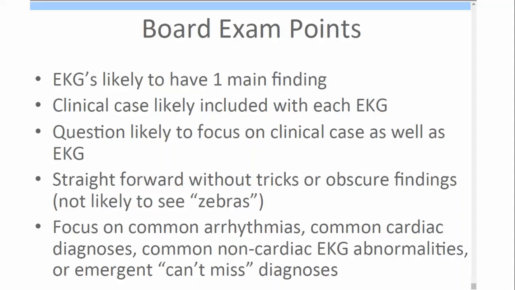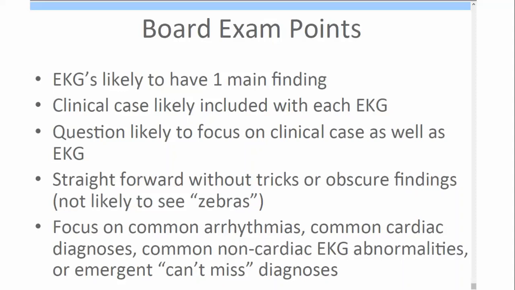Usually on your boards, it's going to be part of the question. The question is likely to focus on the clinical case as well as the EKG, so you'll probably find some hint in there. Maybe ACLS might be more prone to give you just more strips, but in any event, for boards, the clues might be in the case.